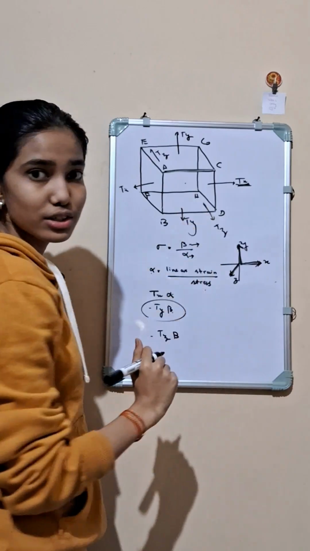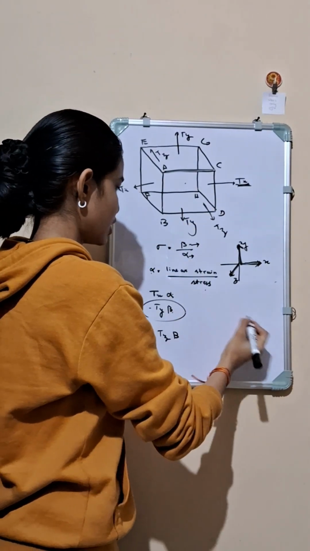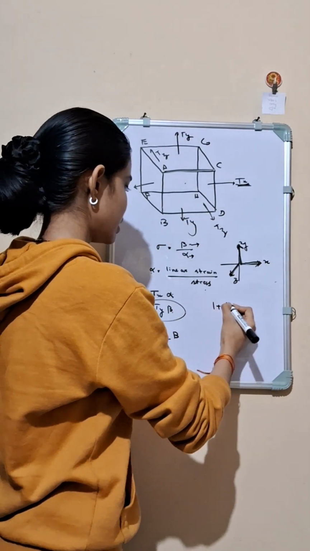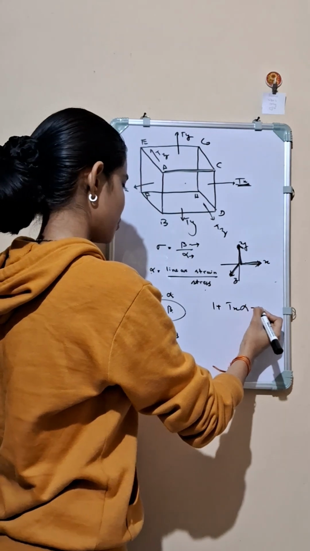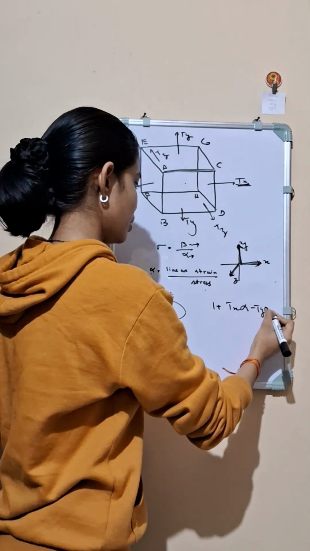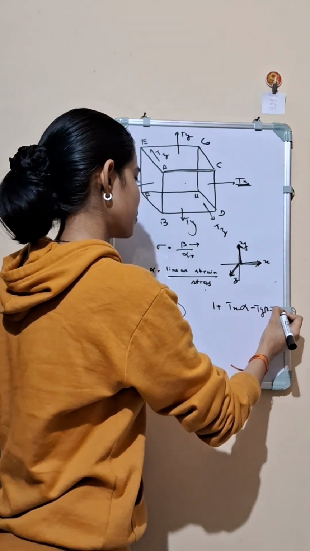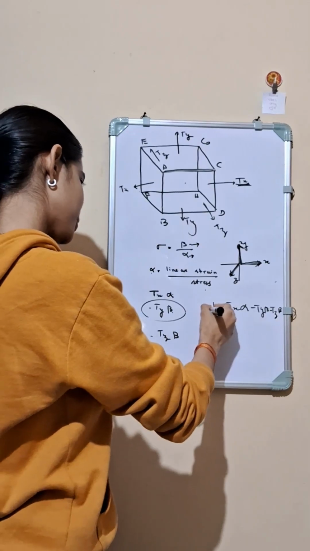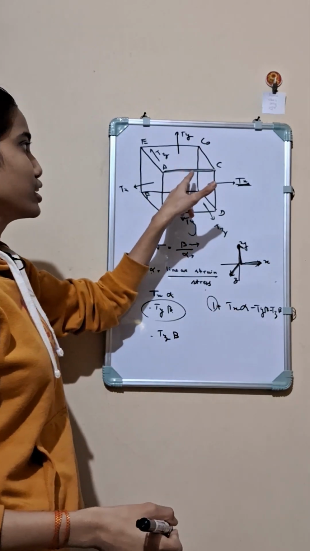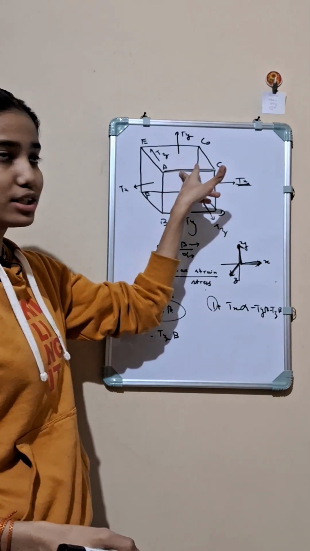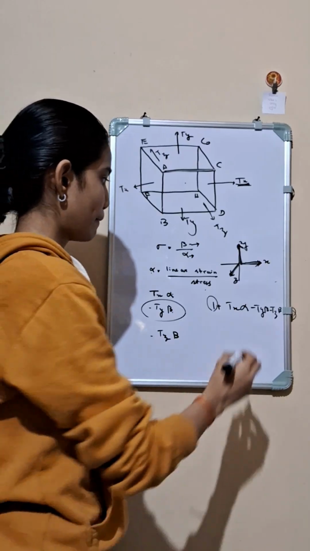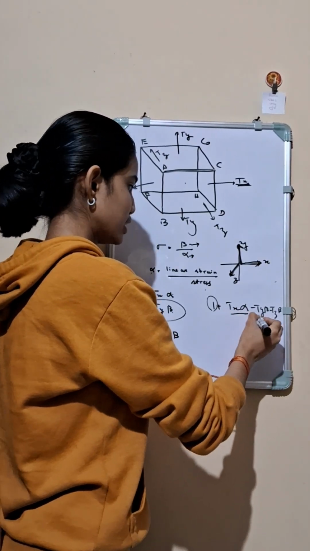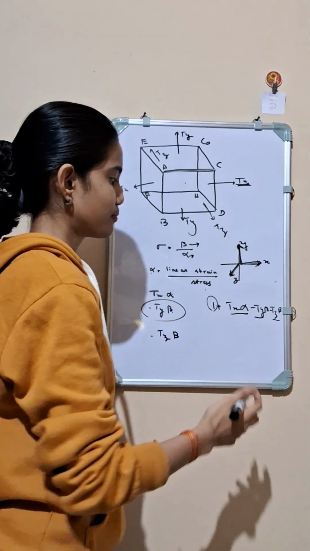The length along the x direction will be 1 plus Tx alpha minus Ty beta minus Tz beta. Why have I put 1 here? Because the initial length is unity, plus the increase minus the decrease.